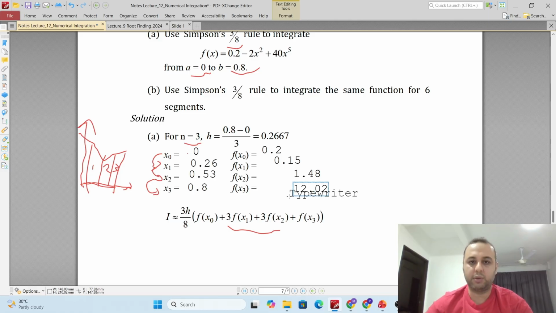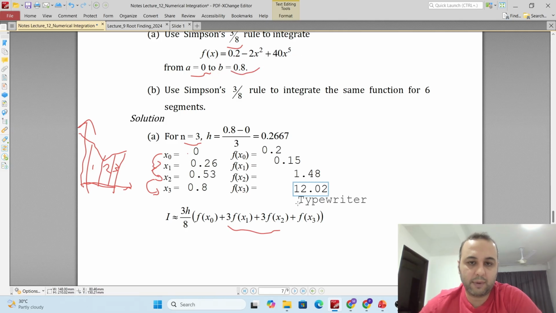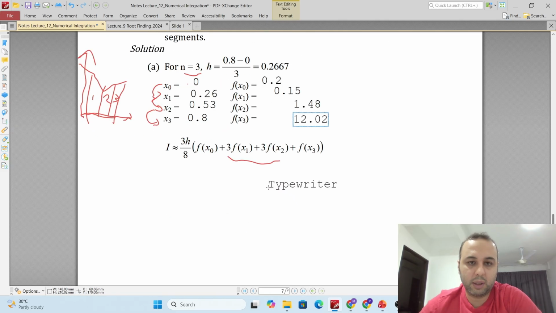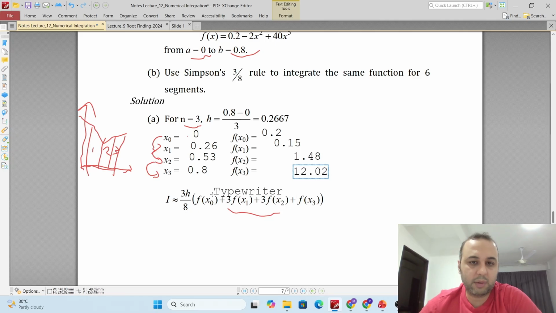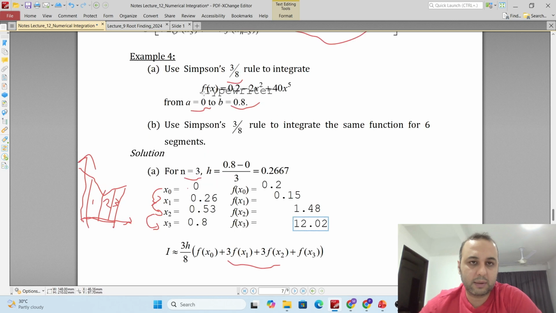I just substituted each point in the function mentioned in here, and I got this value, right? So only simply substitute in this formula. This is 3h over 8, Simpson's rule.